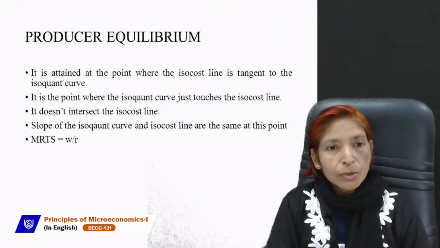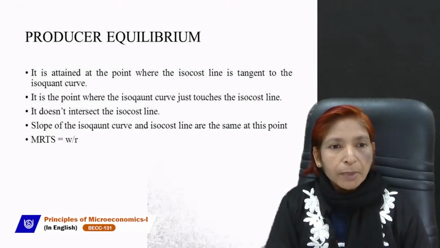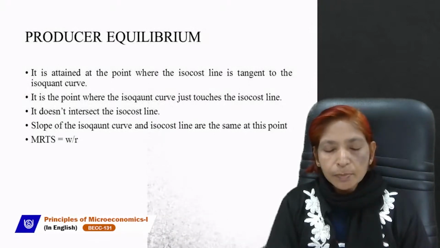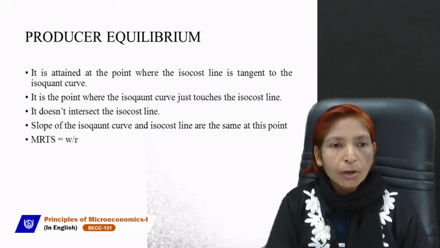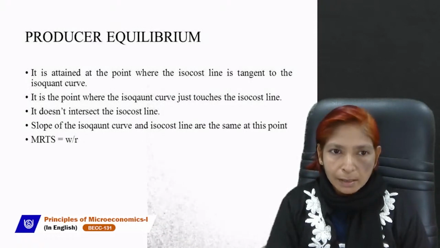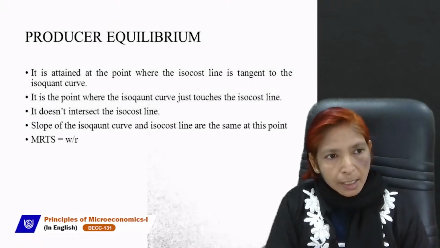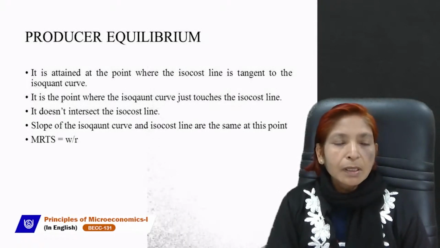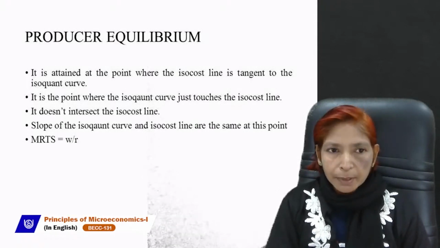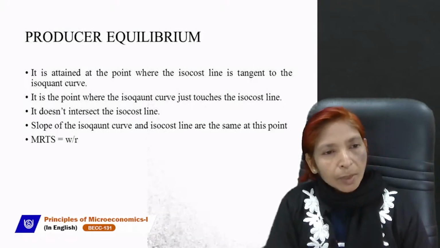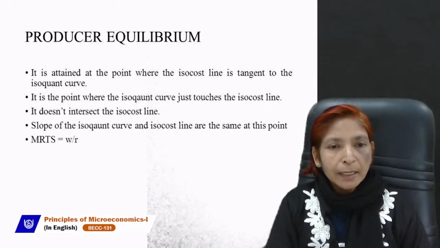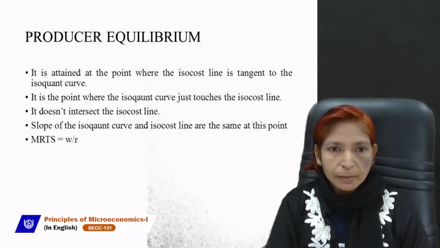Next is producer equilibrium. Producer equilibrium is a very important concept under producer behavior or isoquant curve analysis. As we have discussed with you in the indifference curve consumer equilibrium concept, in consumer equilibrium the consumer wants to gain maximum satisfaction by spending minimum resources.